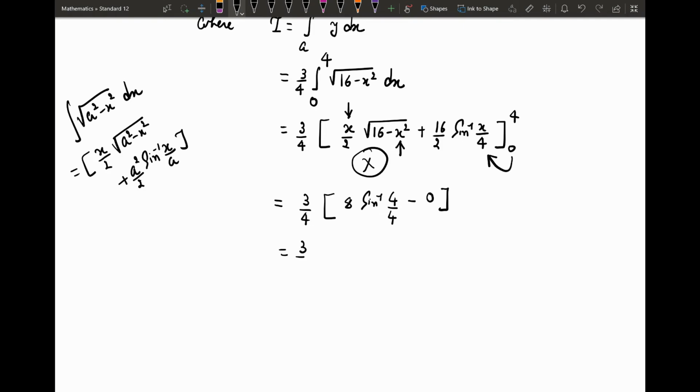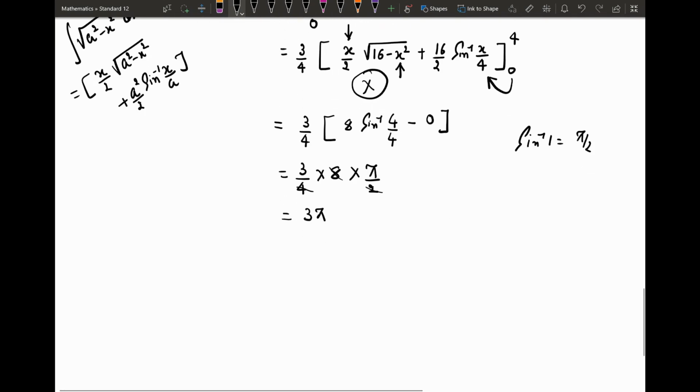So 3 into 4 into 8, and sine inverse 1, that is pi by 2. So 4 2s are 8, and this is 3 pi.